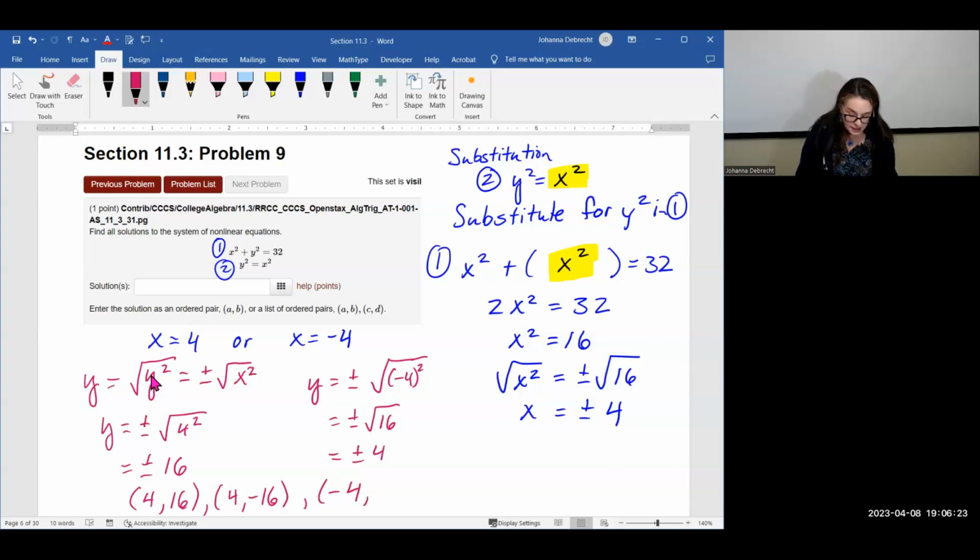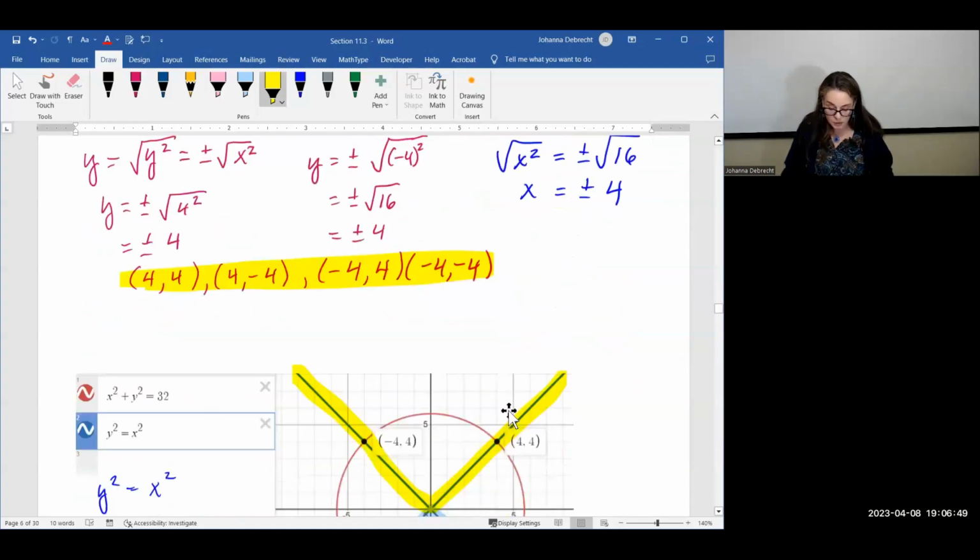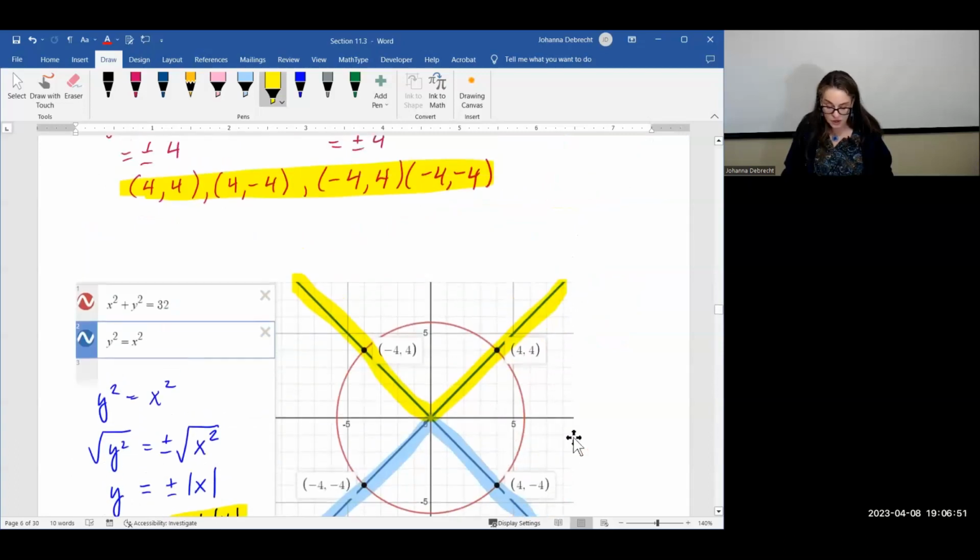Oops, I put 16 here, it should be 4. I just picked up on that when it changed in the other one. So that's 4, 4, and 4, negative 4. And this becomes negative 4, 4, and negative 4, negative 4. So I actually have 4 places where this double absolute value is intersecting with my circle. And when we look at it, we can see that those are, in fact, the places where they cross.